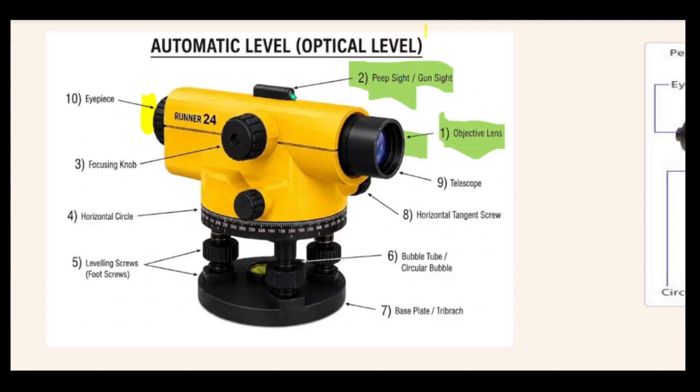It helps you position it vertically and horizontally enough that you can see the leveling staff at a far distance. So that's what the gun sight helps you do.